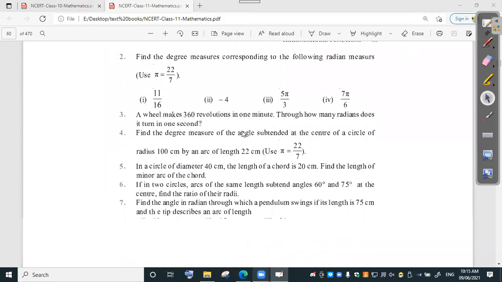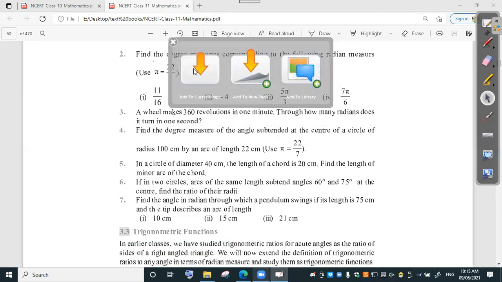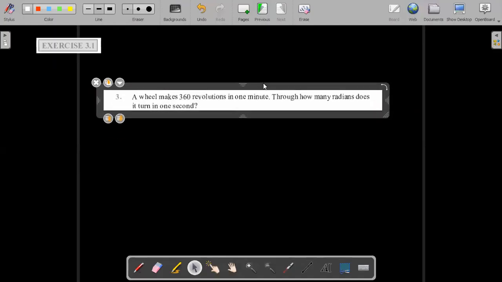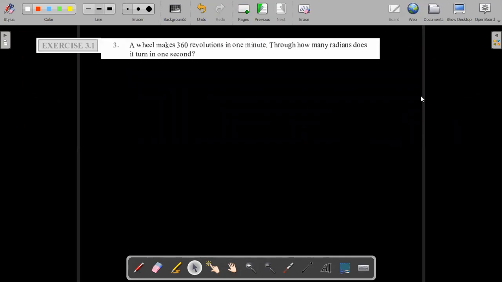The problem is: a wheel makes 360 revolutions in 1 minute. Through how many radians does it move in 1 second? We have to find in 1 second what angle it will make in radians.